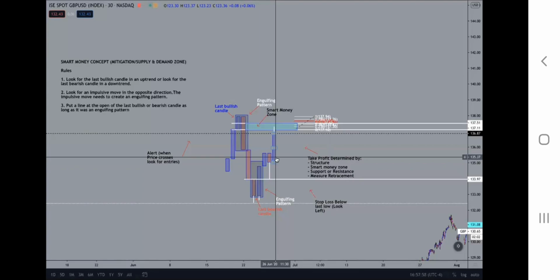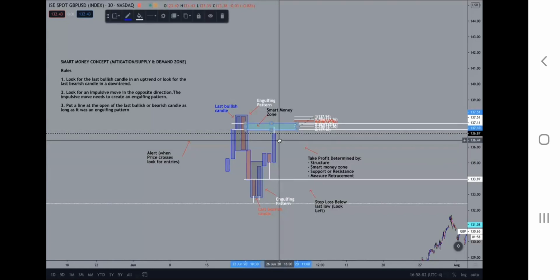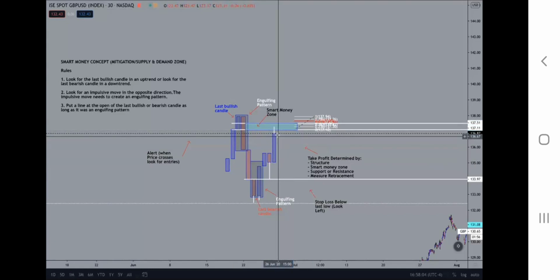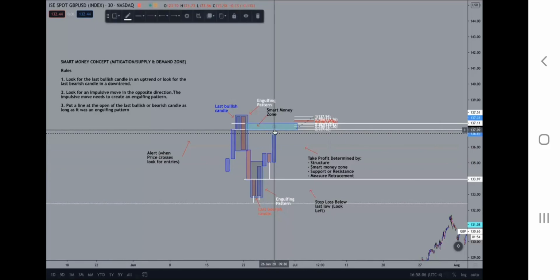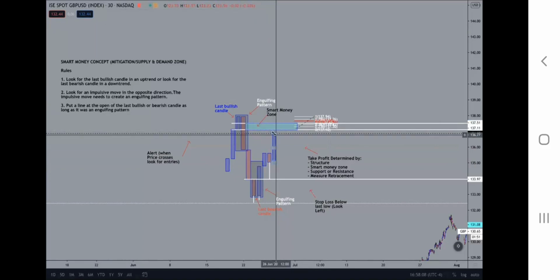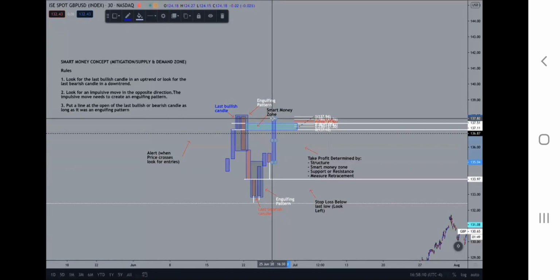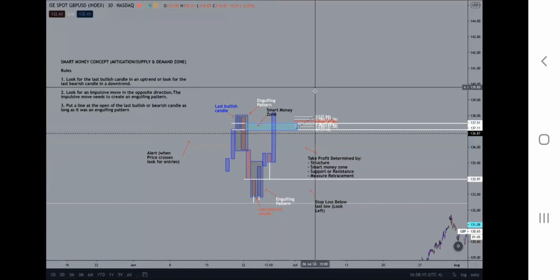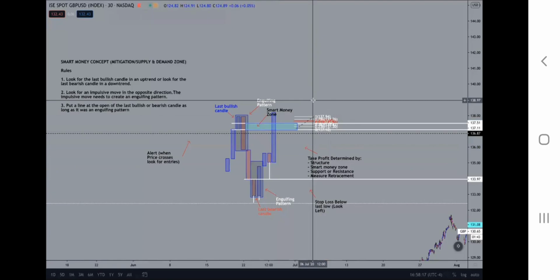And that is if price happens to close above here, and I'll even say above the candles, the smart money zone is now null and void, and you would want to make sure you look for other smart money areas to where you can enter. With all that being said, this is Smart Money.